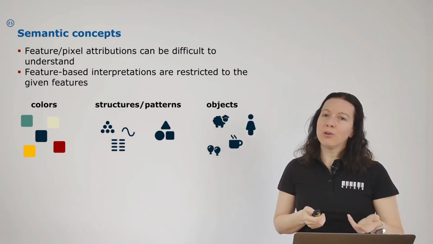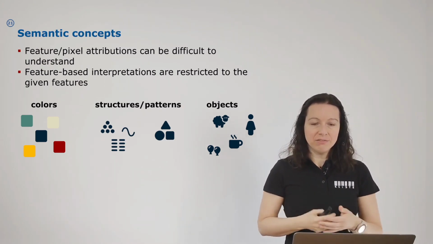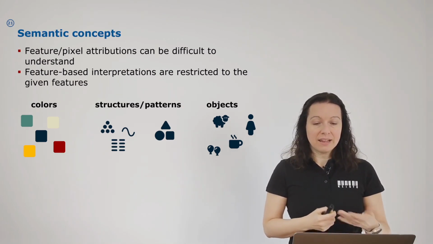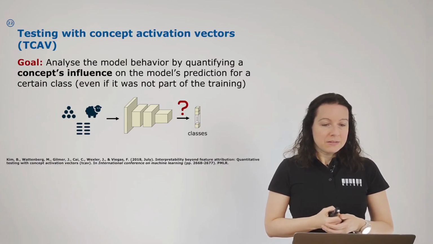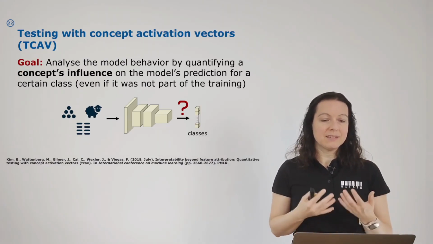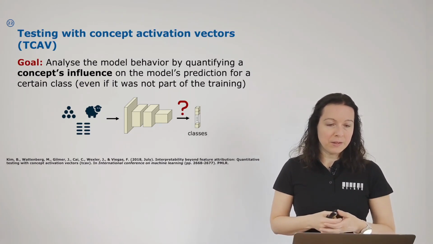And I want to show you now two approaches. One is TCAV, testing with concept activation vectors, and the other is activation space occlusion sensitivity. So let's come first to TCAV. TCAV means testing with concept activation vectors. It's quite famous.